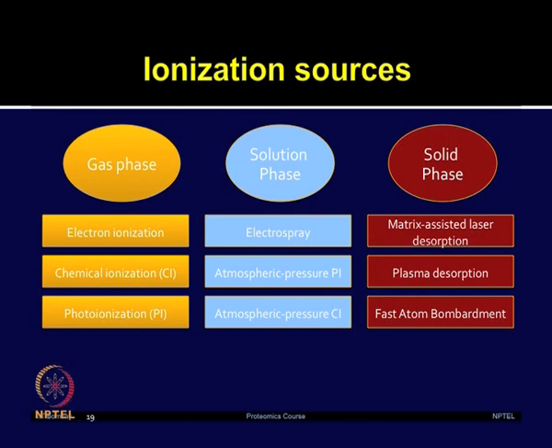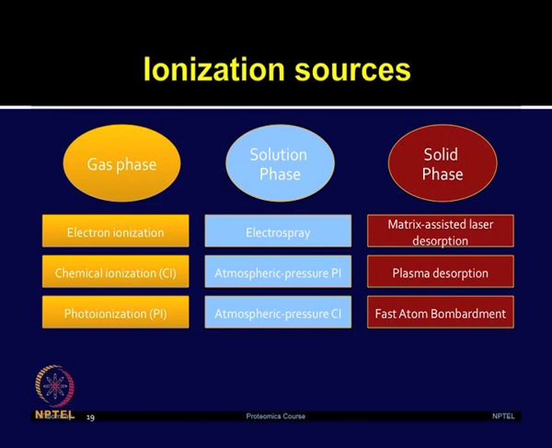So, soft ionization techniques such as electrospray ionization (ESI) and matrix assisted laser desorption ionization or MALDI were introduced in the late 80s and now they have overcome the problem of hard ionization and are widely adopted for proteomic applications. So, we will focus more on ESI and MALDI.